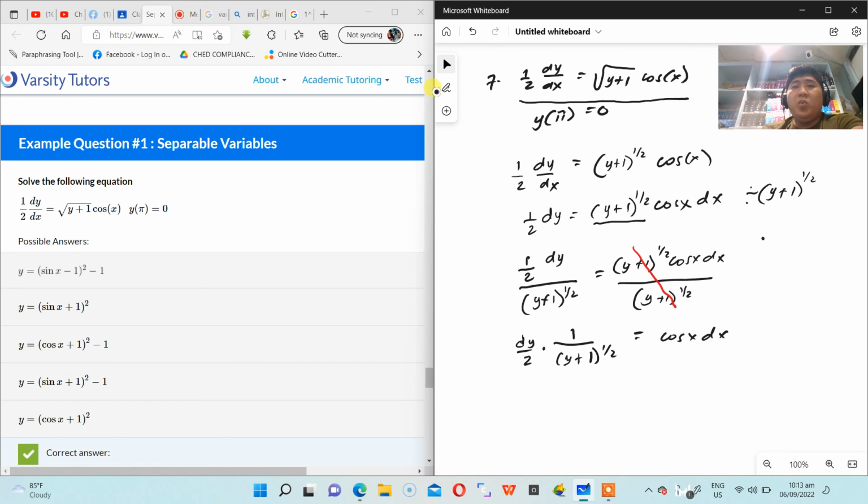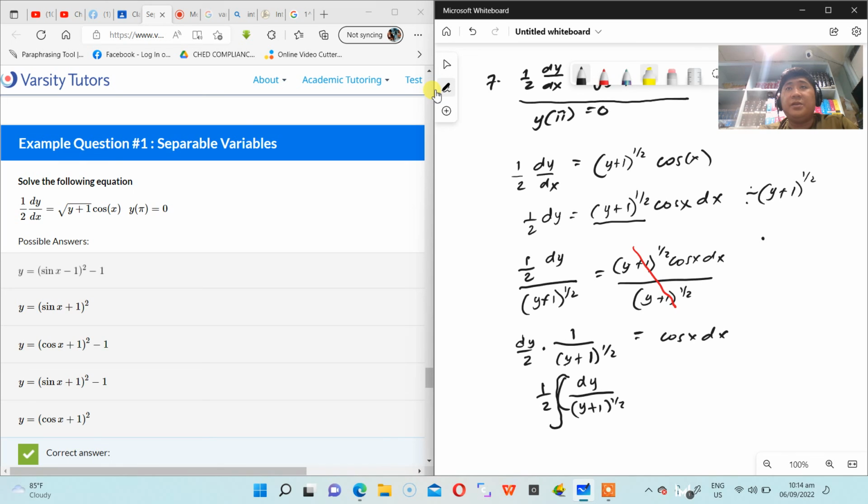Now, what we need to do is combine this and try our integration. We could have 1/2 dy over y plus 1 to the 1/2. Then you could integrate it.